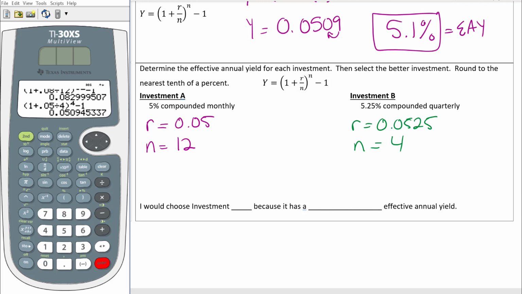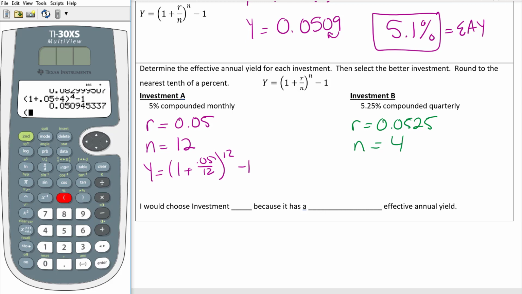So for investment A, I'm going to plug in my values: 1 plus 0.05 over 12, to the 12, minus 1. Take out my calculator, 1 plus 0.05 divided by 12 raised to the 12, then minus 1.